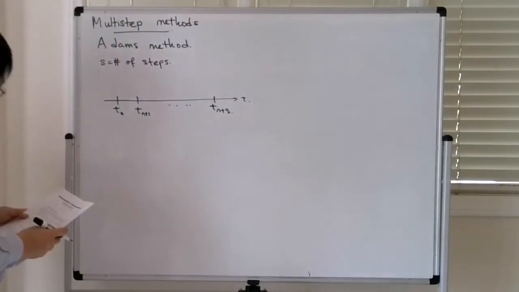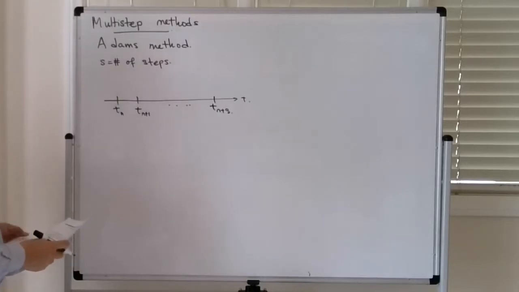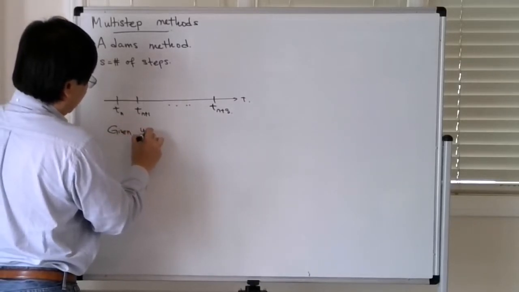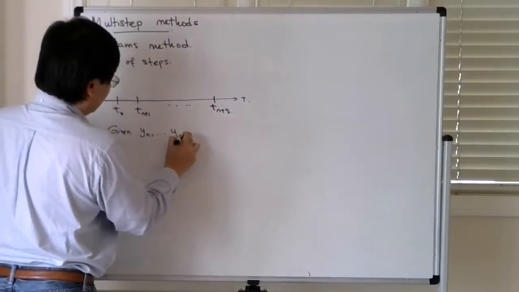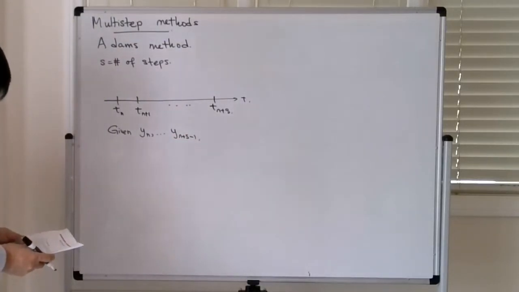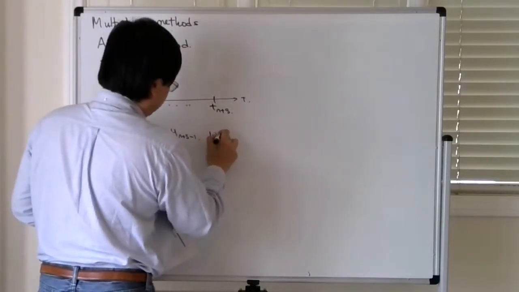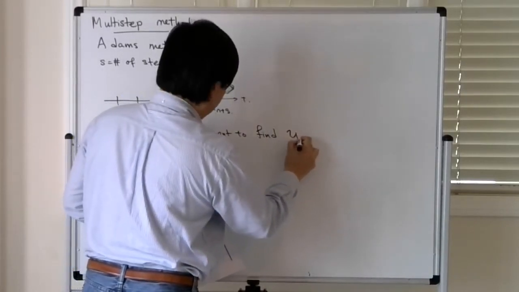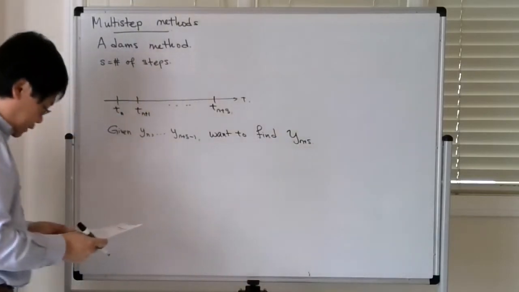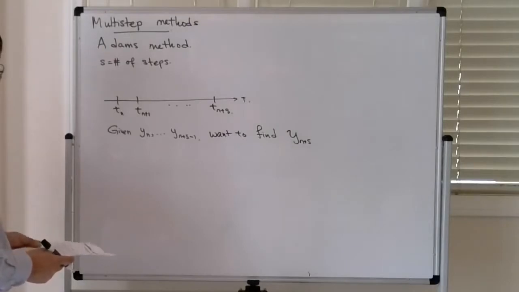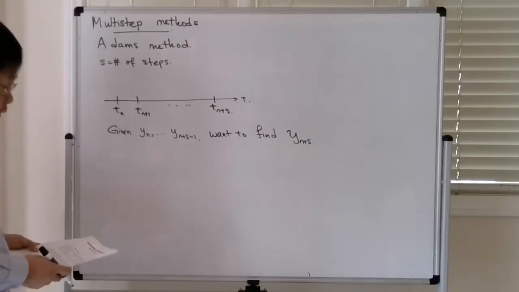Okay, and the goal, if you will, behind a multi-step method is that given y at n all the way up to y at n plus s minus 1, you want to find an approximation y at n plus s. Okay, one thing, of course, you can do is you can appeal to the fundamental theorem of calculus as before.